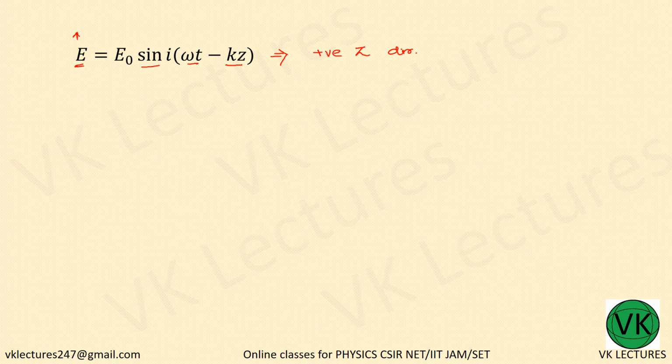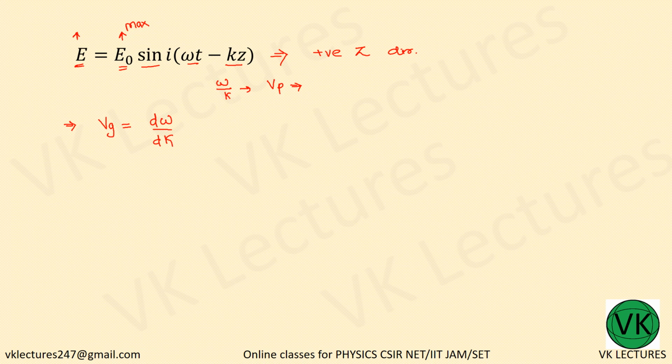E naught is the maximum amplitude. We can write omega by k as nothing but vp, phase velocity. Now we have vg equal to d omega by dk.